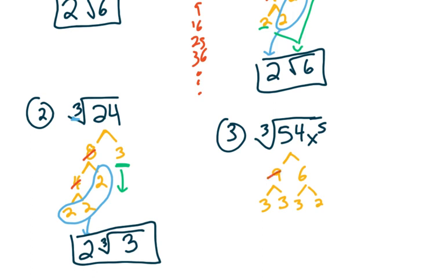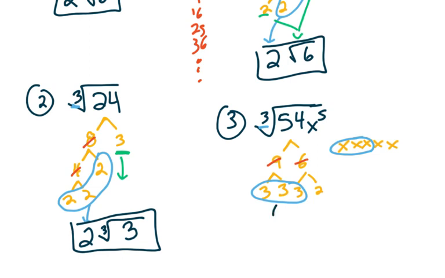Now the x to the 5th means I'm going to write out 5 x's. It's like x times x times x and x times x. Now this is the cube root, so what I'm going to do is circle groups of 3 of a kind. So I've got a group of 3s, and I can also circle a group of x's.